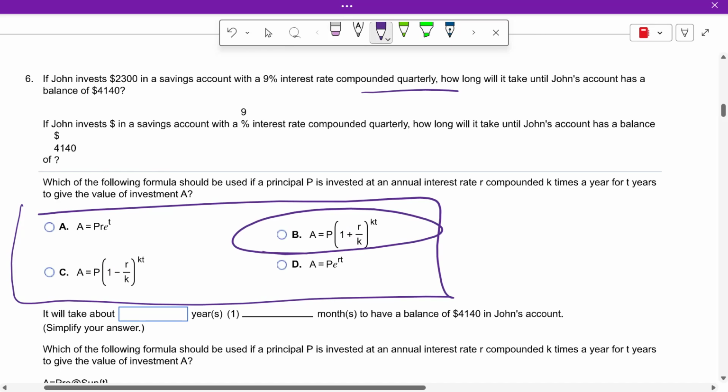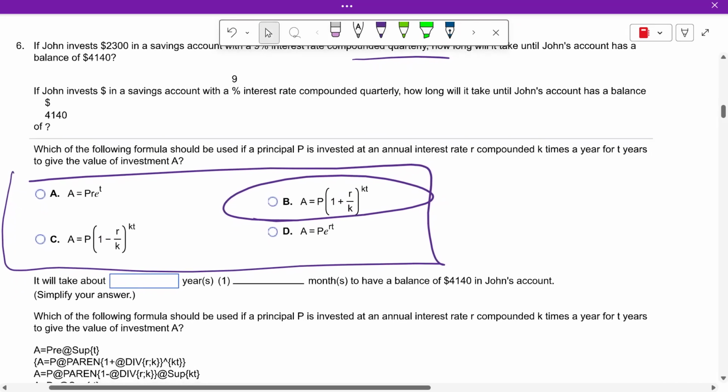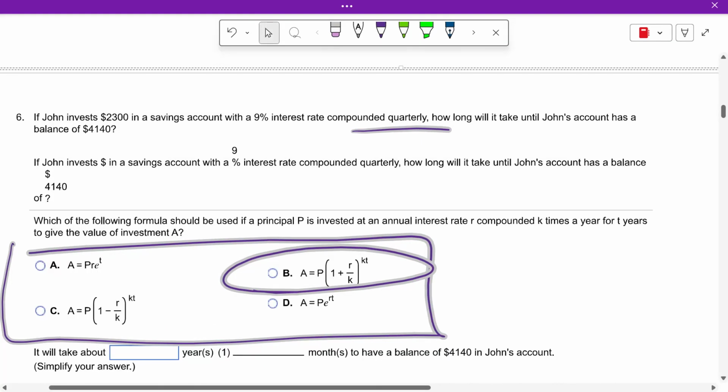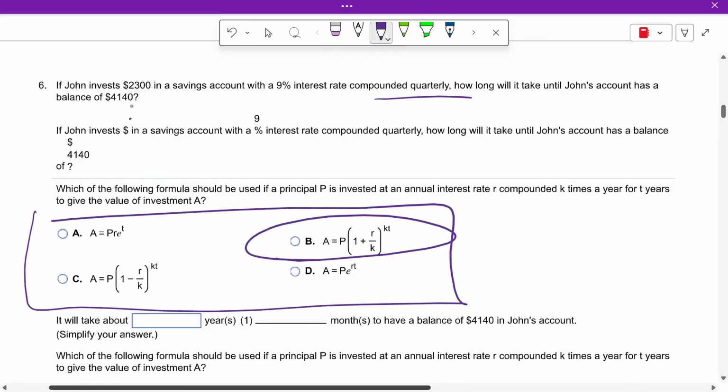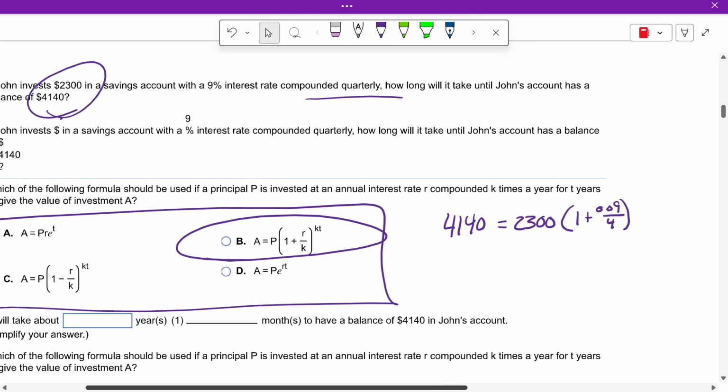So you do that. Now, you want to see how long it'll take for the 2300. How many years will it take for the 2300 to equal 4140? So what you do is 4140 equals 2300 times 1 plus 0.09 divided by 4, to the 4t power.